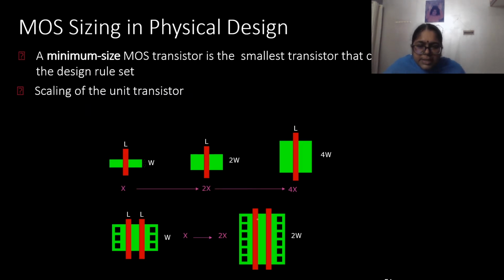Or in other words, here the width of the transistor has been increased from W to 2W. But when two transistors are in series, as we had studied, then in that particular case the width will increase 2 times, length will remain the same. But when they are in parallel, then in that case what we get, length will be increased.